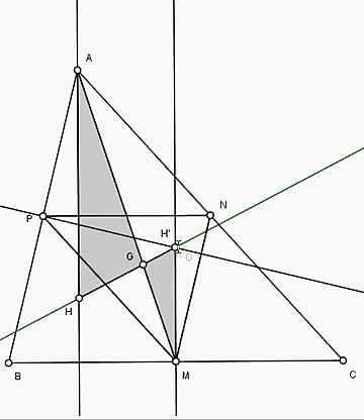So H prime is the orthocenter of MNP, so that means H prime lies on this line here, which is the line through M that's perpendicular to NP. However, we notice that NP and BC are parallel. Therefore, as this line here is perpendicular to NP, it's similarly perpendicular to BC.